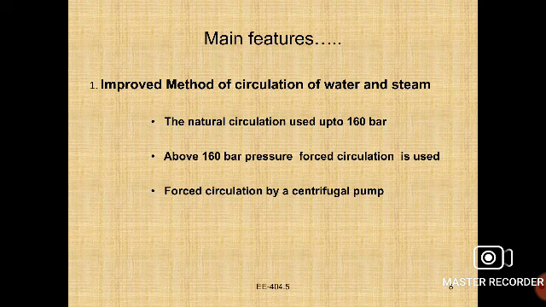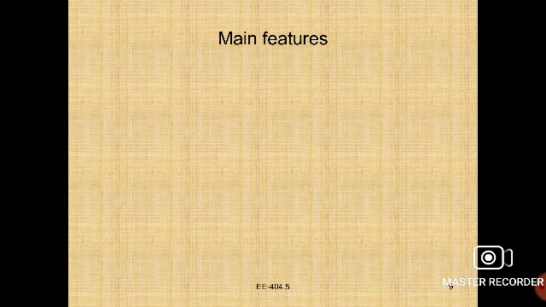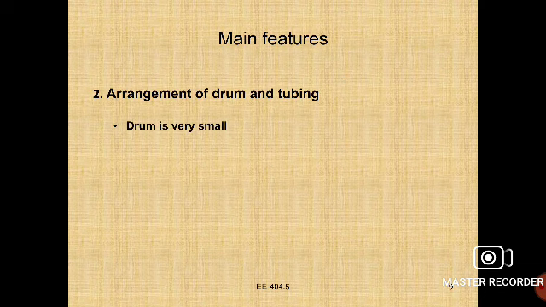Forced circulation is caused by a centrifugal pump driven by some external source, which is used to start the circulation, to pump the water and send it into the boiler.